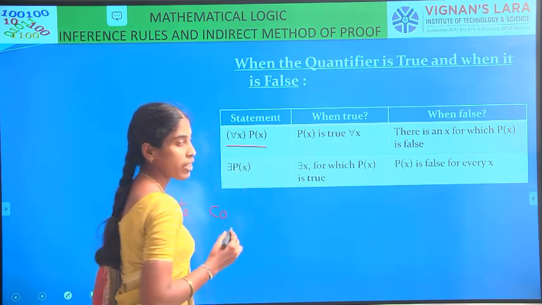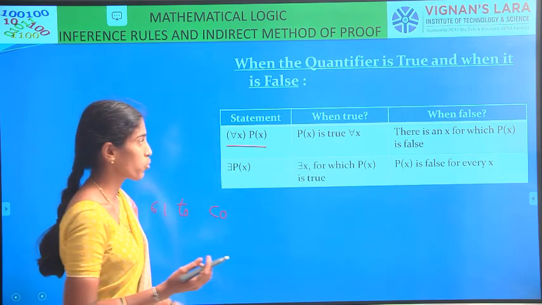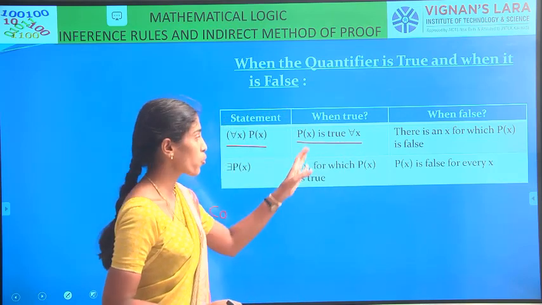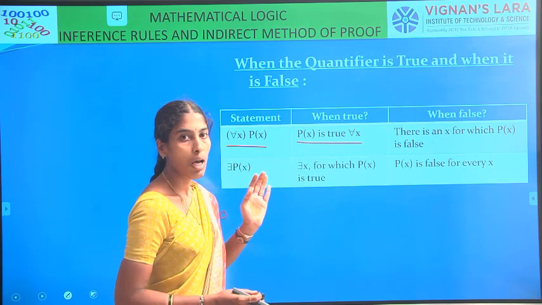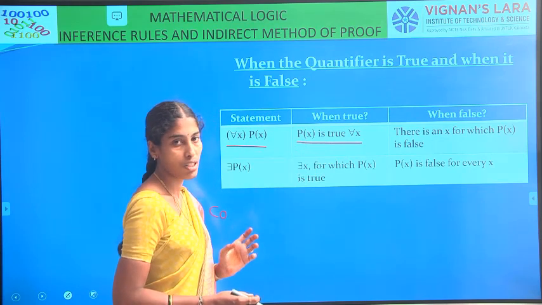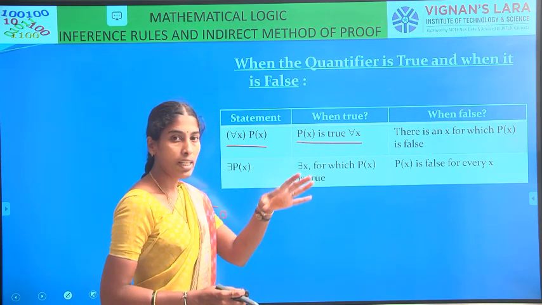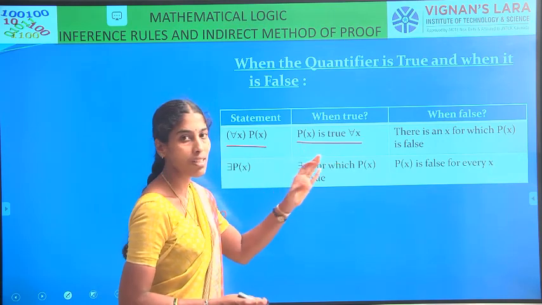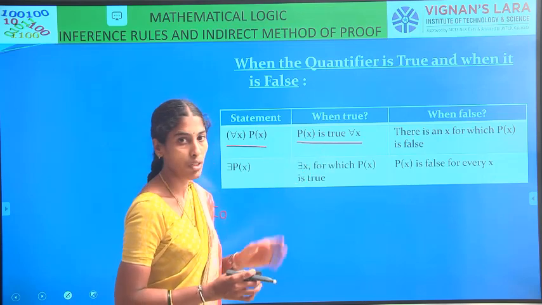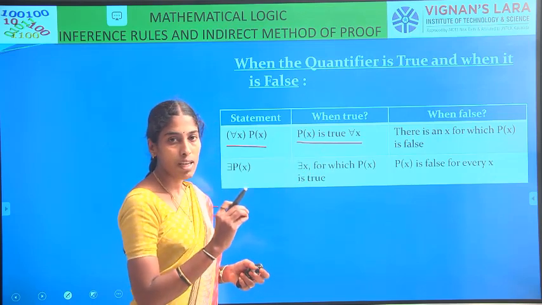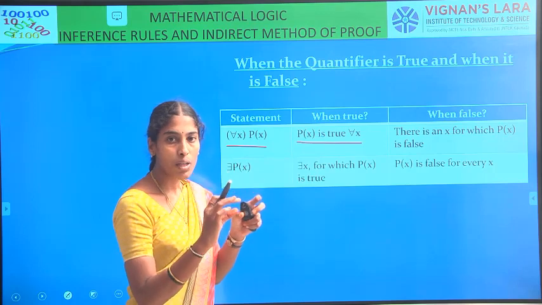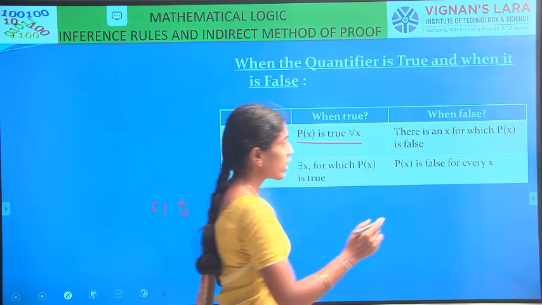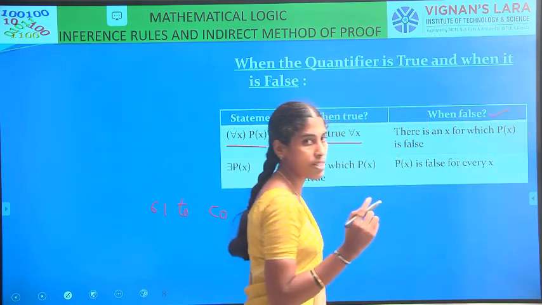See here the meaning it is. For every X, P of X, when do we say that it is true? P of X is true for every X. That is like every student of CSE B passed MFCS examination, right? So if we take 91 or roll number 65 or 85, any student passed, then only we say that it is true. So if the given statement is true for every value in the universal set, then only it is true. When it is false, already I said one example.